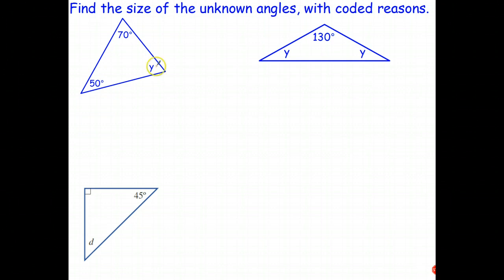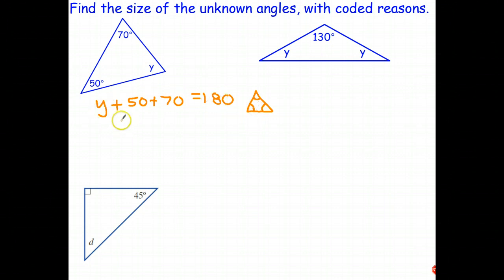Okay, let's go ahead and use it. So I want to find the size of angle y. Well, I now know that these three angles add to 180, so I can go y plus 50 plus 70 adds to 180. And the reason for that, of course, is angles in any triangle add to 180 degrees, and that's the coded reason that I used for that.